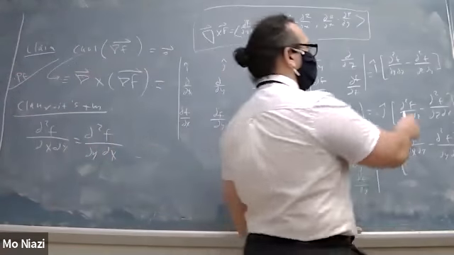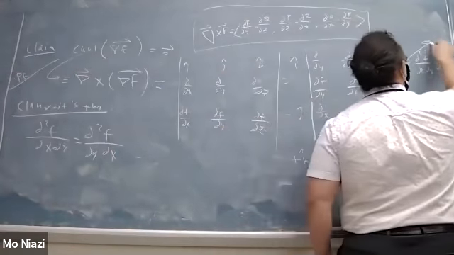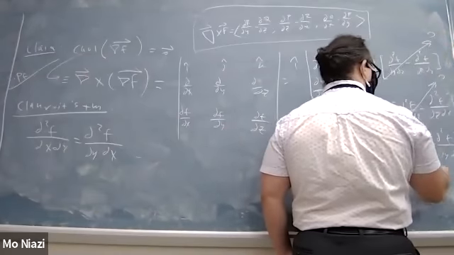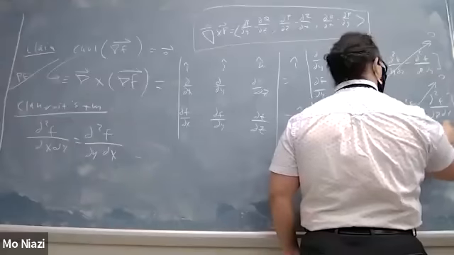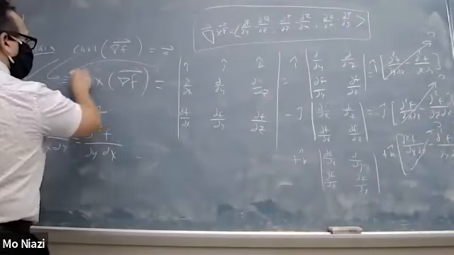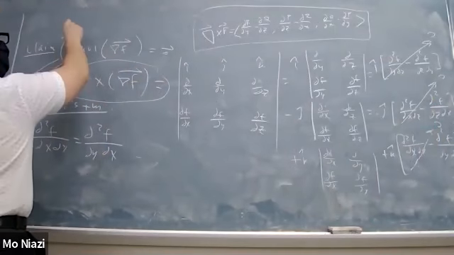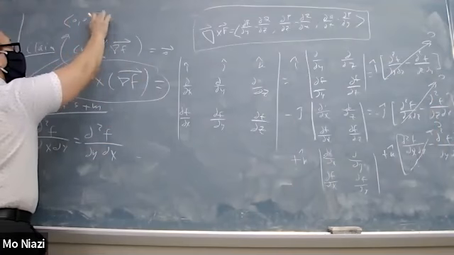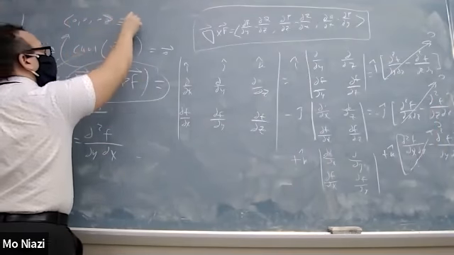Meaning these are the same thing, so this becomes 0. These are the same thing, so this becomes 0. And these are the same thing, so this becomes 0. So by definition, what we have here equals a vector in which each component is equal to 0. And that is by definition the 0 vector.